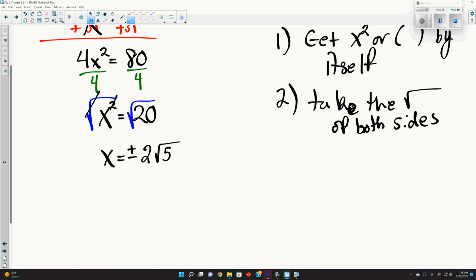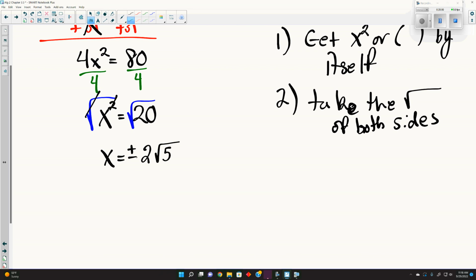Whenever we square root both sides, we have to add the plus or minus. Because if we just talked about 2 squared, what is that? 4, yes? 2 times 2 is 4. Negative 2 times negative 2 is still 4, yes? So when we talked about this here, x squared equals 20.